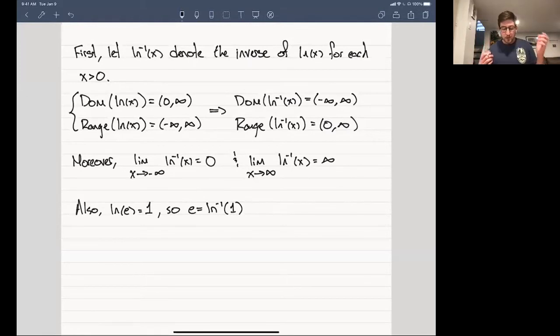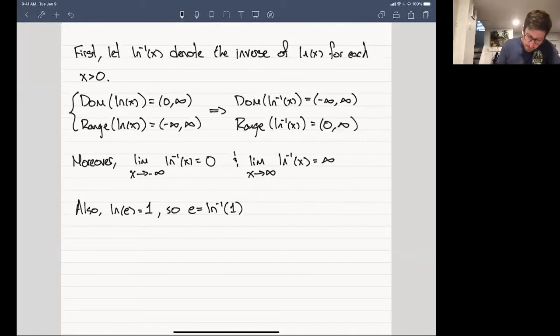We know that the point (e, 1) lies on the curve ln of x. So if we swap around those two numbers, 1 and e, that tells us that (1, e) is on the curve of the inverse of this function. This is, again, just the definition of the inverse. The inverse is telling you, if I know the output, what was the input? Instead of a usual function, which says, if I know the input, what's the output?